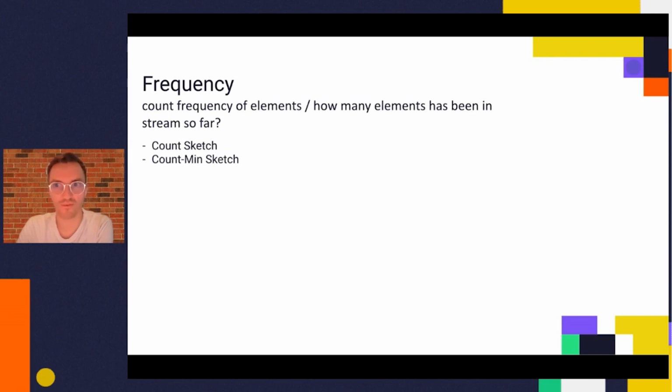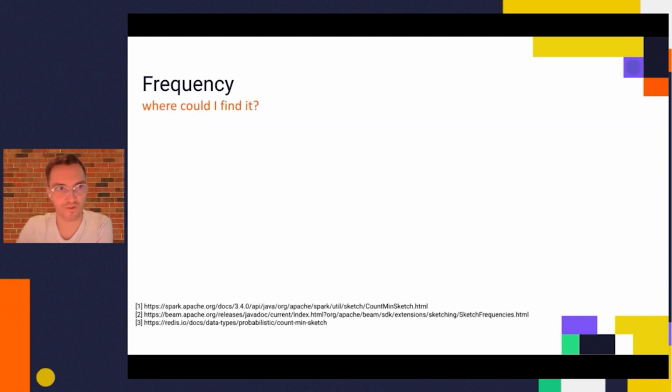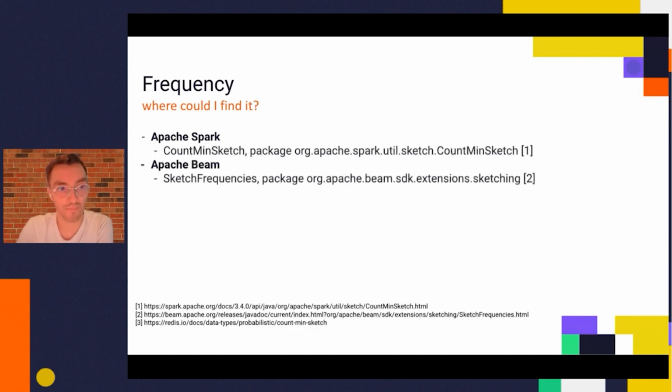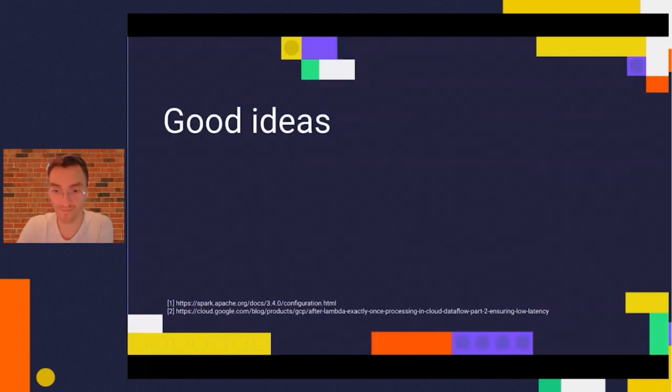Usually, there are two probabilistic data structures: count sketch and count-min sketch. And if you would like to use them, you could use Apache Spark's count-min sketch, and also Apache Beam's sketch frequencies, and Redis. But as I mentioned before, usually they are already implemented in your favorite streaming engine.